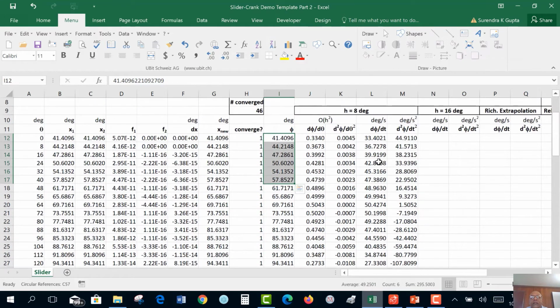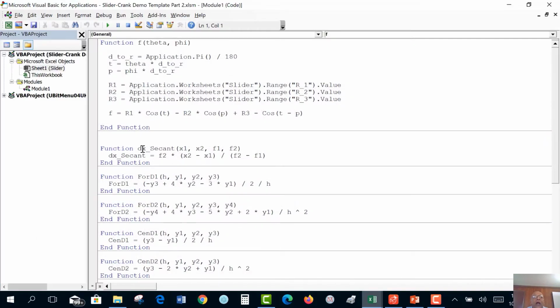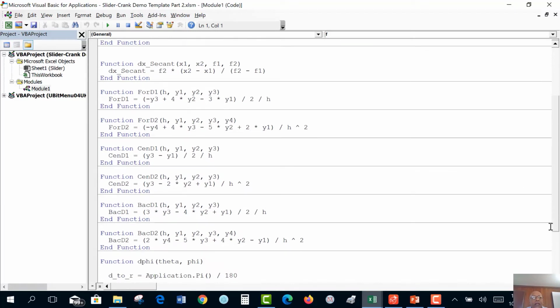Then we took these phi values and we had our Visual Basic functions: forward derivative order 1, order 2, central derivative 1, derivative 2, and then backward derivative 1 and derivative 2.